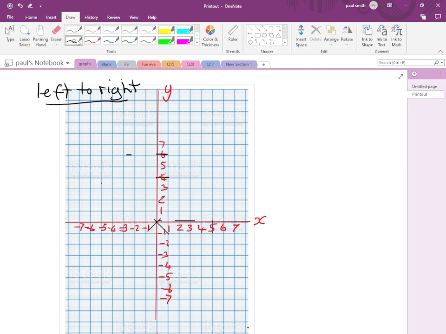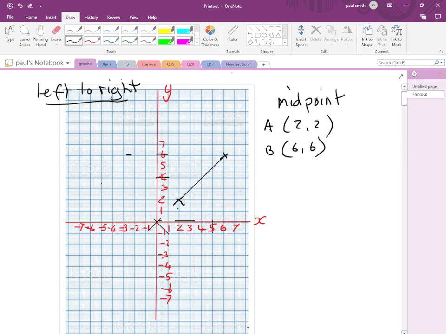Right, so first of all we do it with this, to the midpoint. So A, we're going to do this, is 2, 2, and B we'll do 6, 6. So 6, 6 is there. And we would draw this like this, so we'd have A and B. And the midpoint of this.